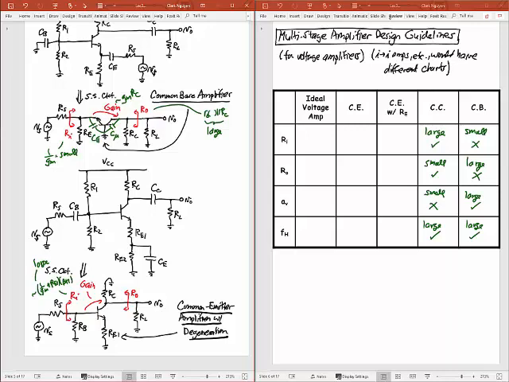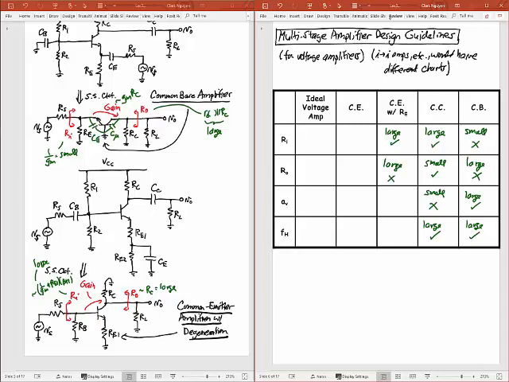And so if that's large, I'm going to say large here for my input resistance. That's good. Okay, my output resistance in this case, it is that RC again, right? Which from output resistance standpoints is large. I'd like it to be 50 ohms or less. But RC, you know, is some number of kilo ohms there. And so that's large. And so in this case, I don't like that.